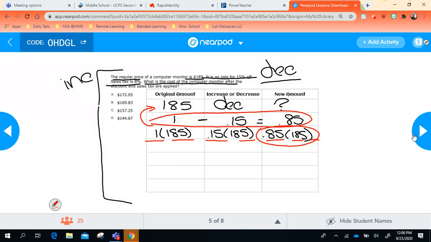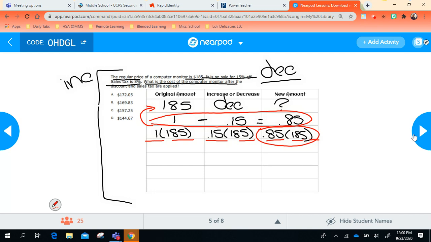If I was going to the store to buy a computer, and my computer is on sale for 15% off. Or even if I was going to the store and I was going to buy a dress. Dress is really cute. It's 15% off. So the first thing they're going to do is take the discount off, right?